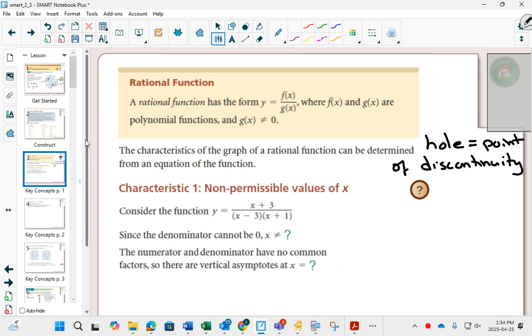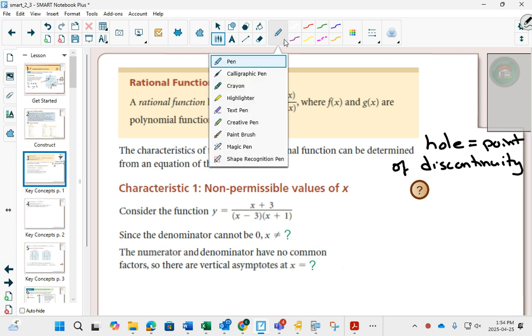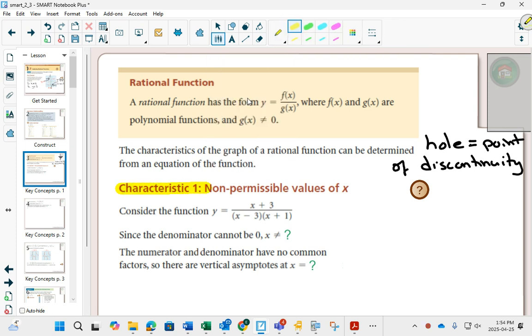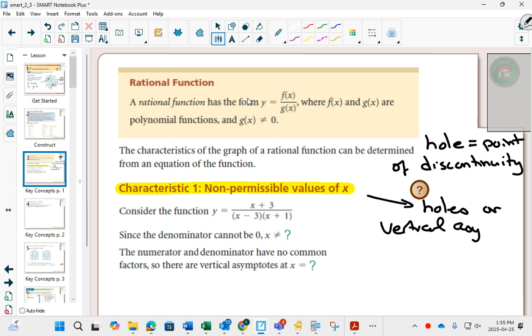Okay, characteristic number 1. What do we do with non-permissible values? These are the 2 options.